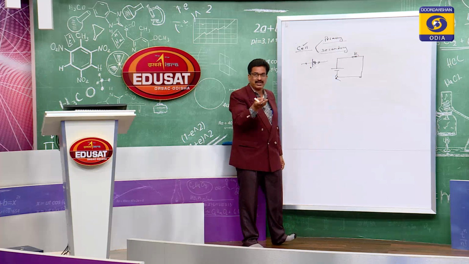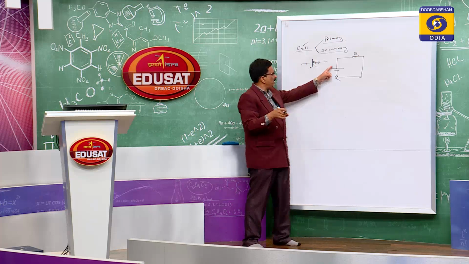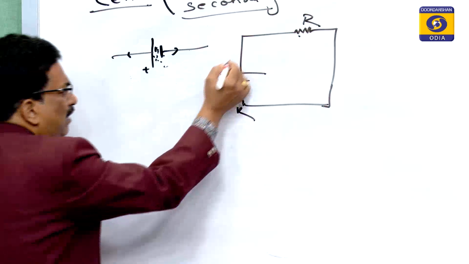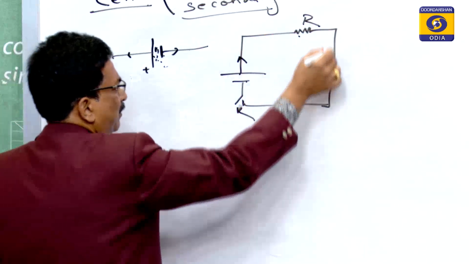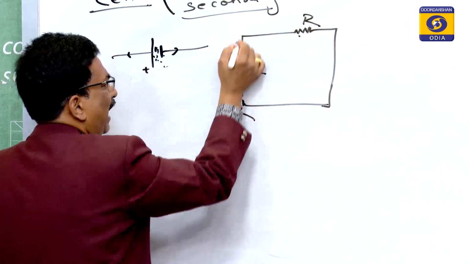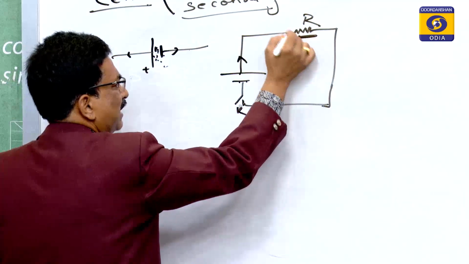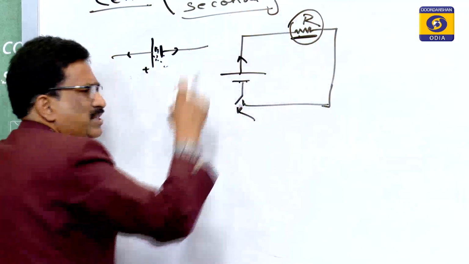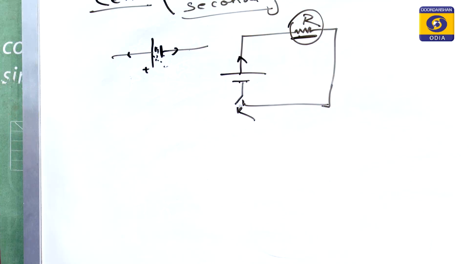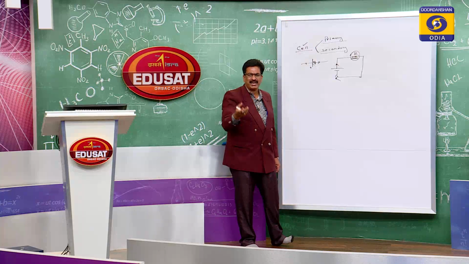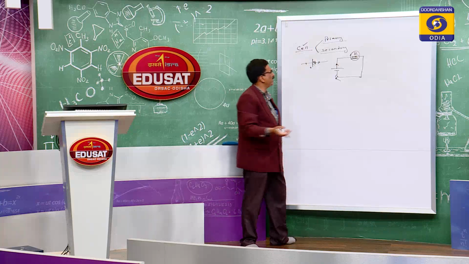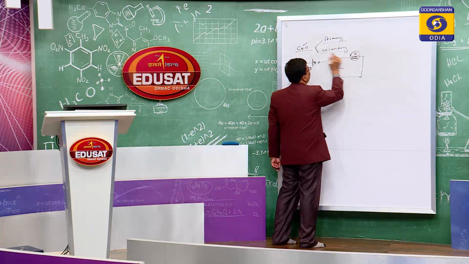It creates the flow of the charge, but it produces the current, and that current will flow from the positive end towards the negative end, and it will pass through the resistance as per our diagram. This resistance can be replaced by a bulb, it can be replaced by a fan, or any type of electrical instrument we are using. So, they are functioning on the cell.